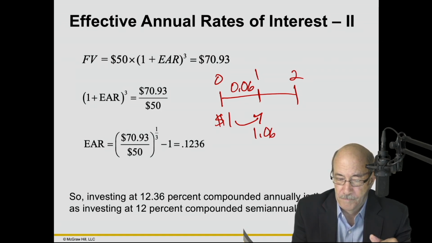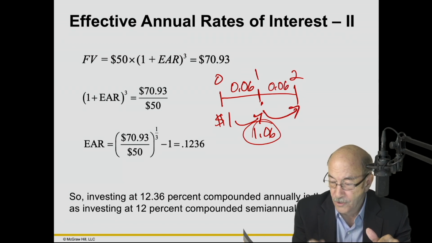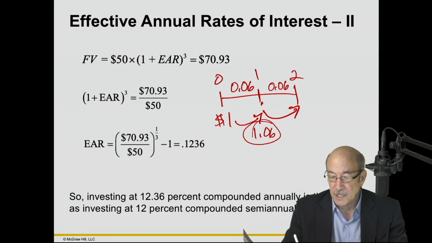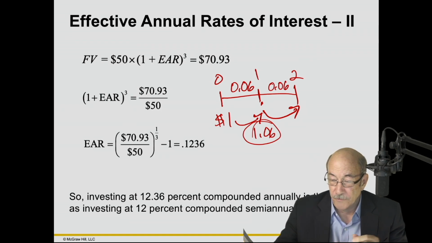There's nothing magic there. The next period, we're starting with $1.06, and we're still earning that 6% interest on it. So at the calculator, we take $1.06 times 1.06, and we end up with $1.1236.